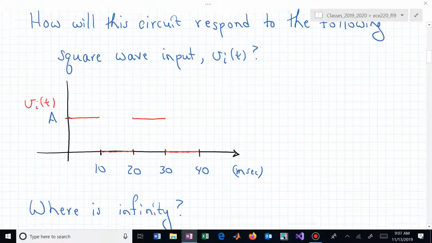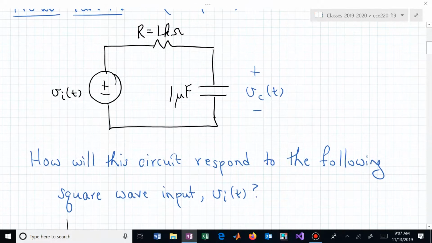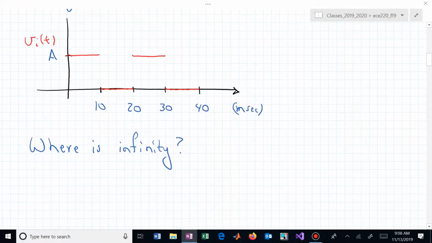It's so many tau. That should give it away, right? How many tau do we have to wait before we are considered finished with our transient behavior? And that's 5. So we have 5 tau. That's infinity.